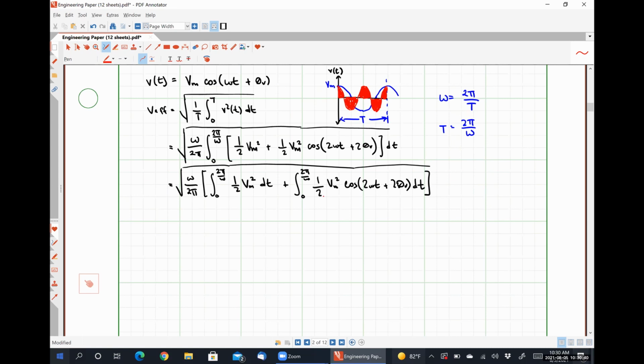So all we have left is that DC portion. The effective value of that is pretty trivial to find.